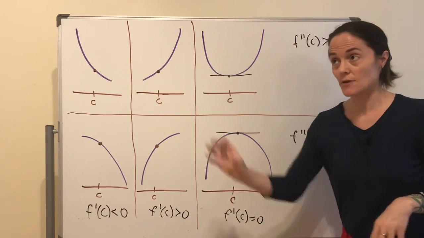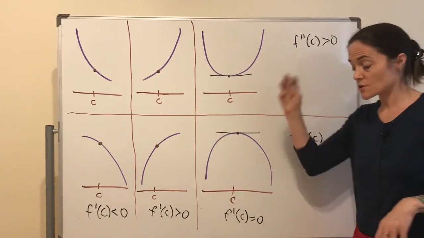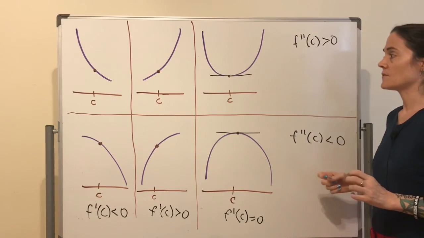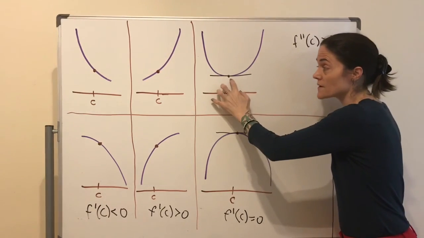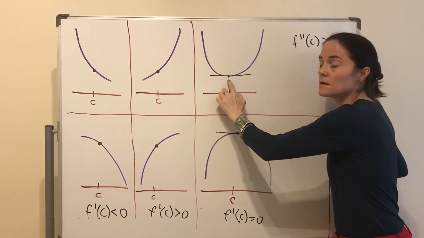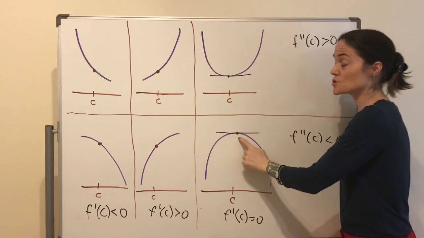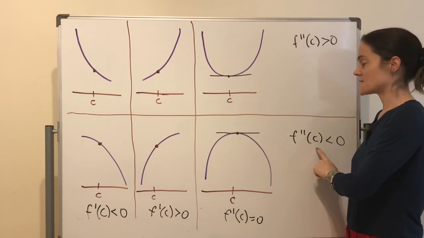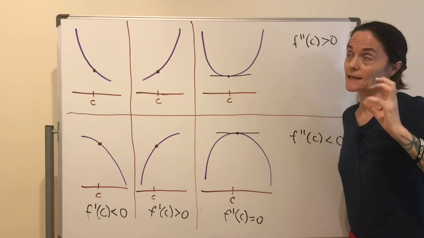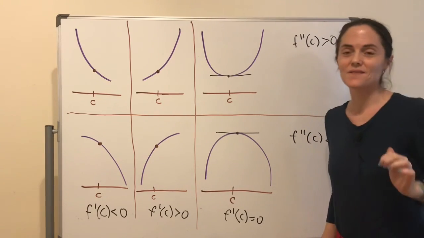First derivative is 0. More importantly, first derivative is 0, and the second derivative is either positive or negative. And just knowing the first derivative is 0, second derivative positive, we see local min. First derivative is 0, second derivative is negative, we see local max. And technically, this is something called the second derivative test.